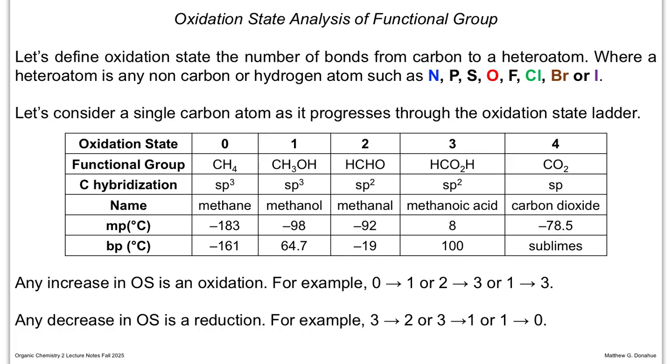So hopefully through that classification, it's not too much memorization of stuff, but that's what we're going to do: how do we make alcohols, ethers through oxidations and reductions. So we'll pick up with that on Monday.